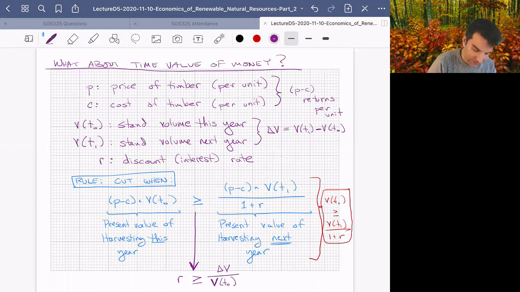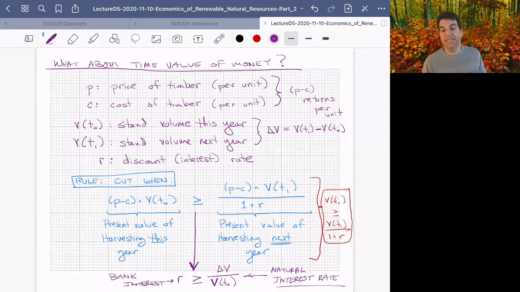And so this is the bank interest rate. And then you can view this as the natural interest rate. So it makes a lot of sense.